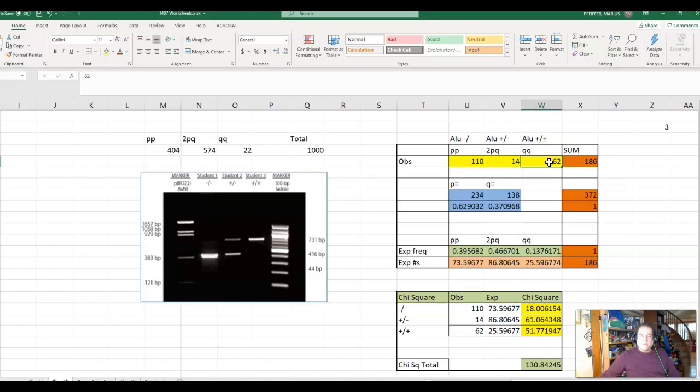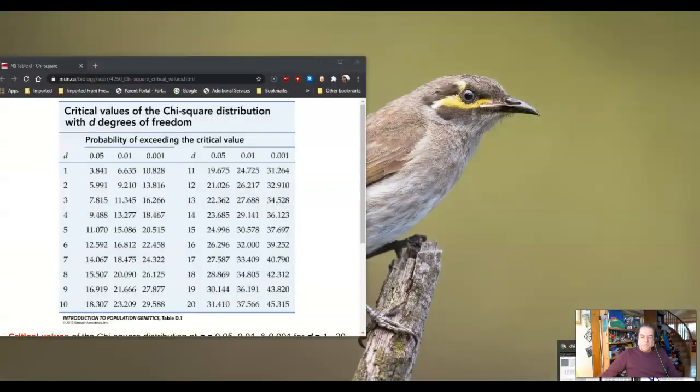Can't think. 124, so that's 36. There's our 160 again. And we've run through all the calculations. Here's our expecteds, 85 to 62 to 11 versus 110 to 14 to 36. And now look at our chi-squared value. It's 96.69. I'll pull the table up again if I can find it. Here we go.